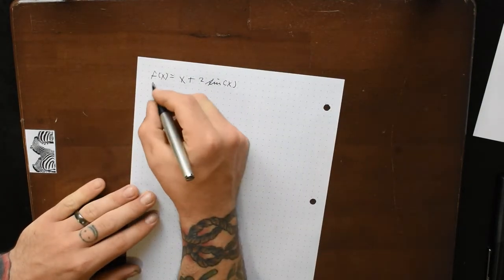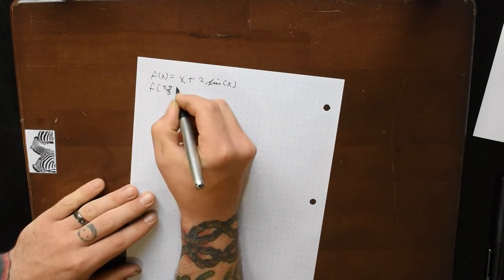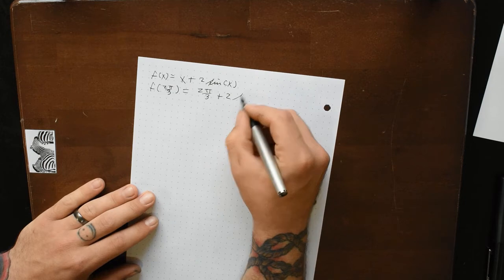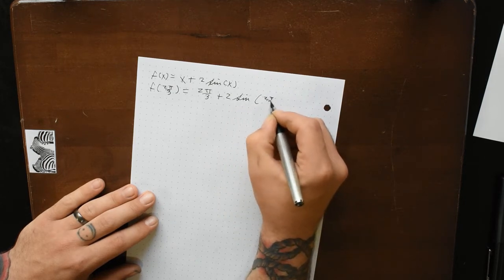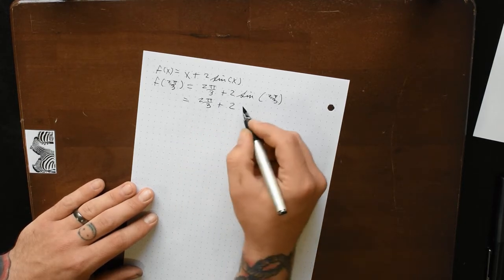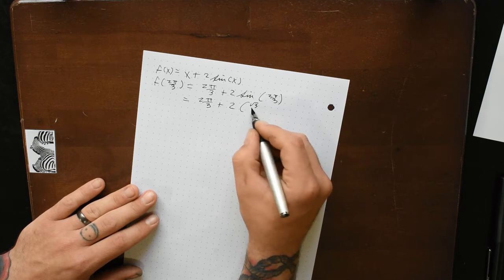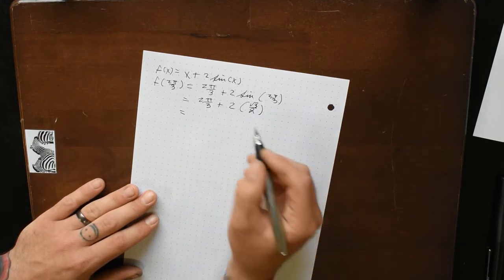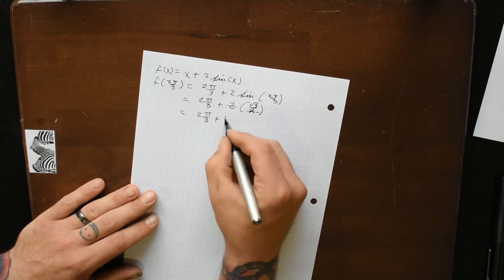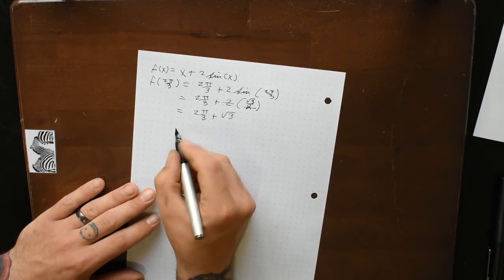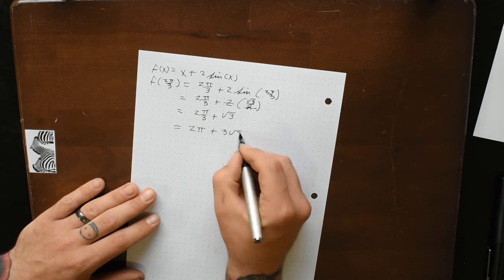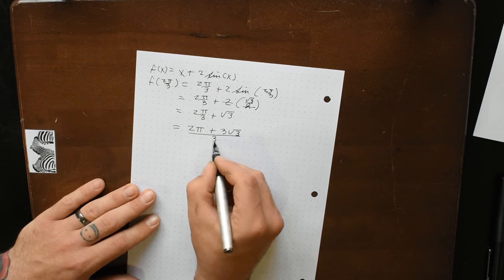So we want to figure out what f of 2 pi thirds is. And that's going to be 2 pi thirds plus 2 times the sine of 2 pi thirds, which is equal to 2 pi thirds plus 2 times the square root of 3 divided by 2, and these will cancel out. 2 pi thirds plus the square root of 3, and I feel very strongly that I should call this 2 pi plus 3 times the square root of 3, all divided by 3.